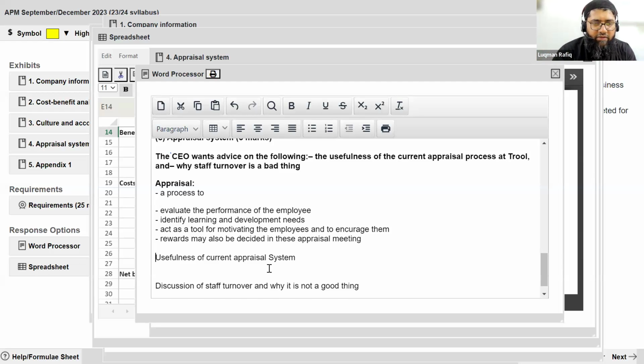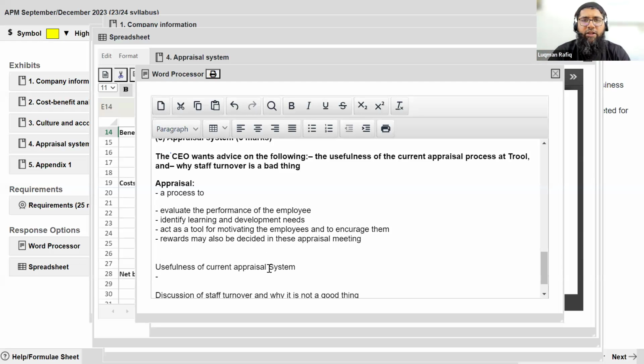Now the current appraisal system, what is the problem with it? It has become an informal process. Neither the appraiser nor the appraisee takes them seriously.